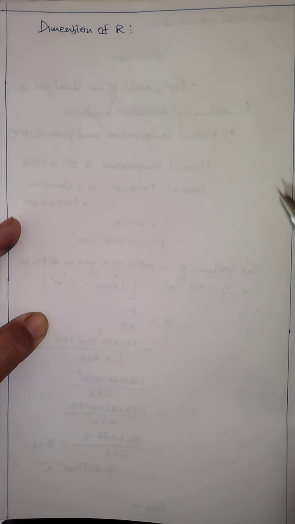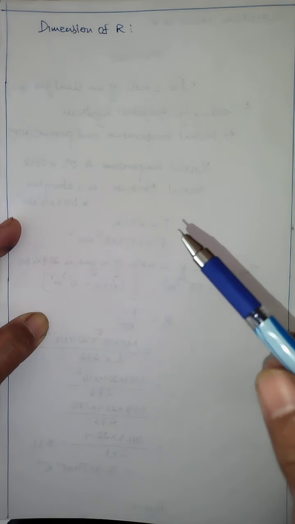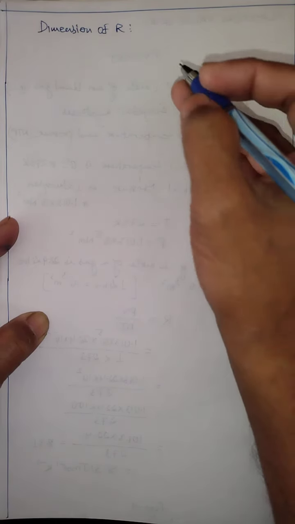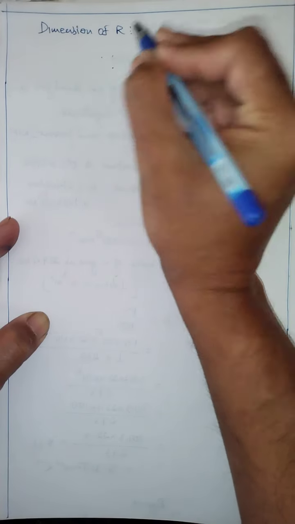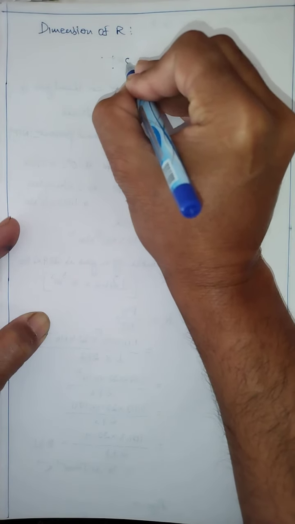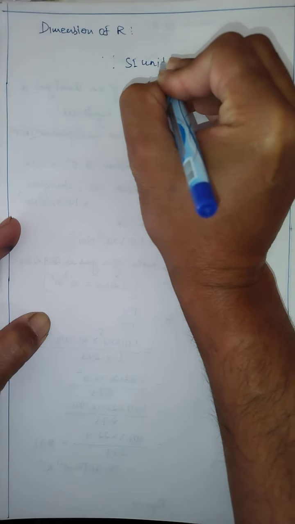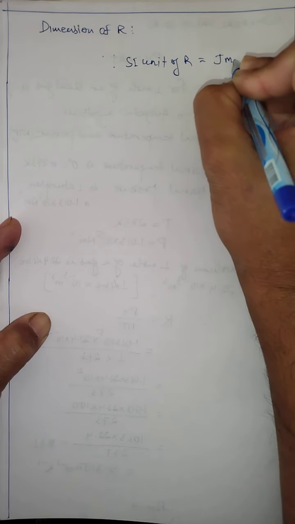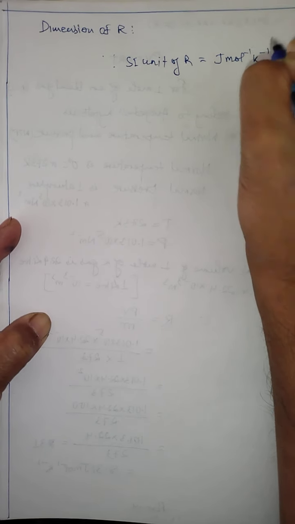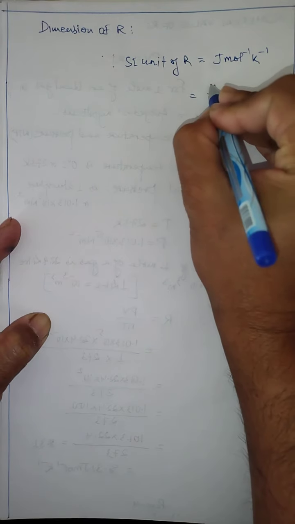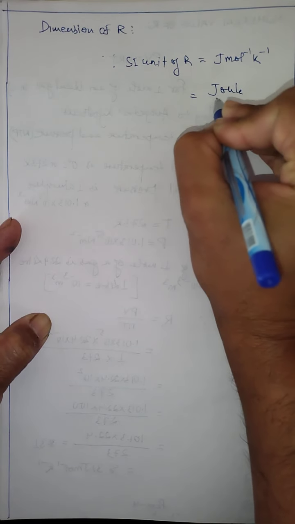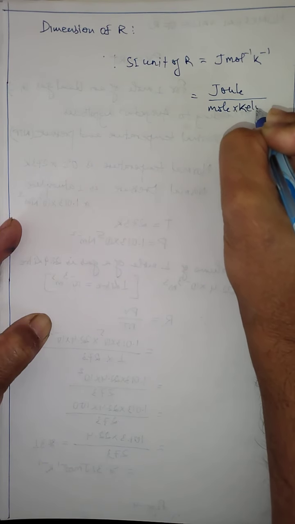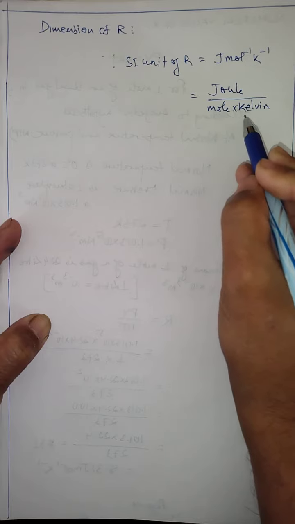Now children, we even write the dimension of R. Sometimes you will be asked to write the dimension of this universal gas constant. So for the dimension of R, let me start with the SI unit of R. SI unit of R is joule per mole per Kelvin, or I can simply write this as joule by mole into Kelvin.